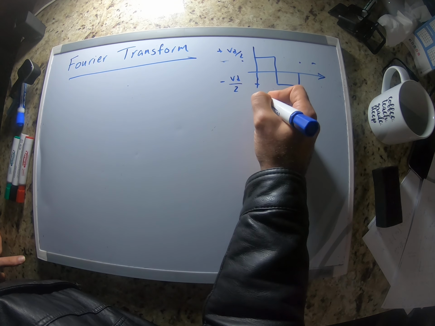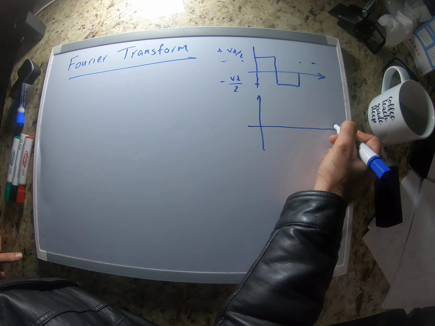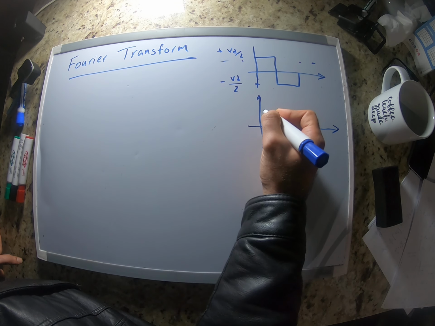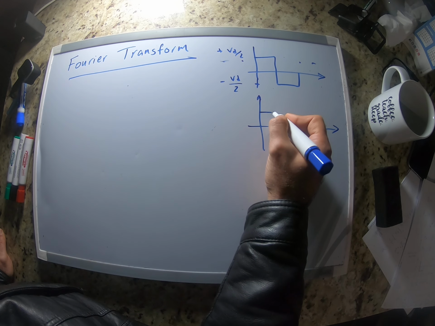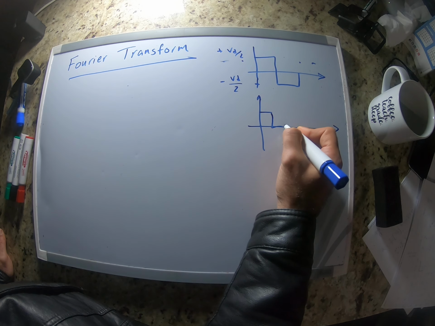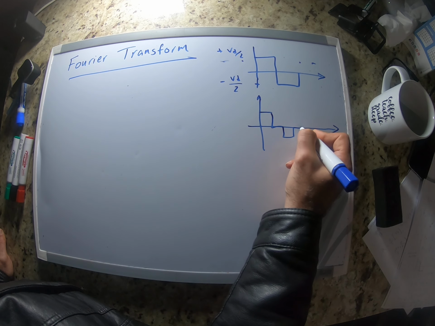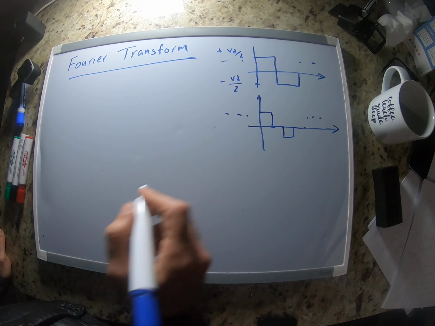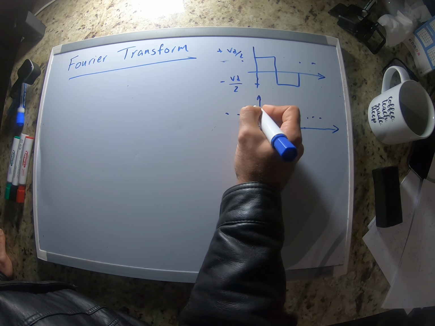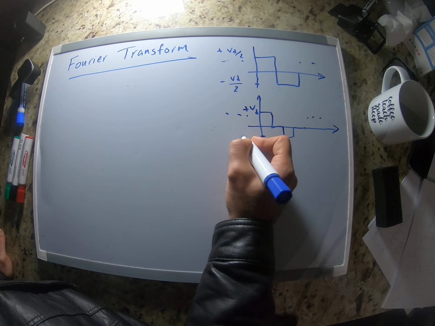We also saw the full wave inverter, which was something like this. And it continues. This was plus Vd and negative Vd.